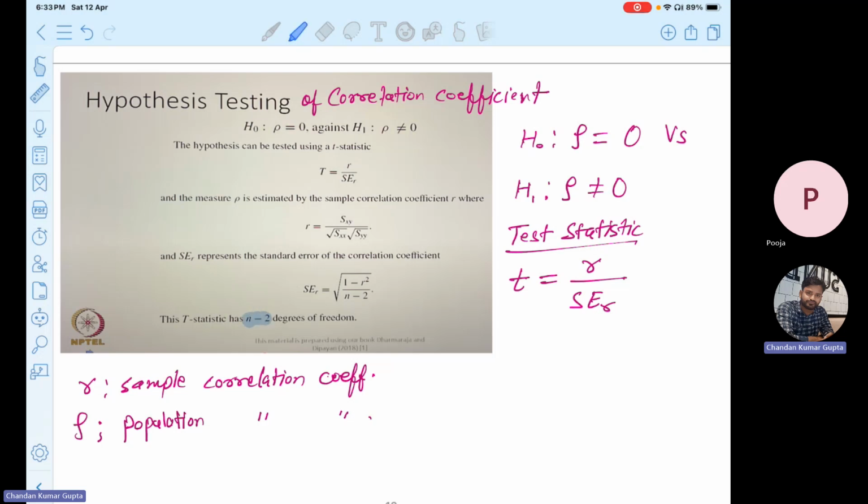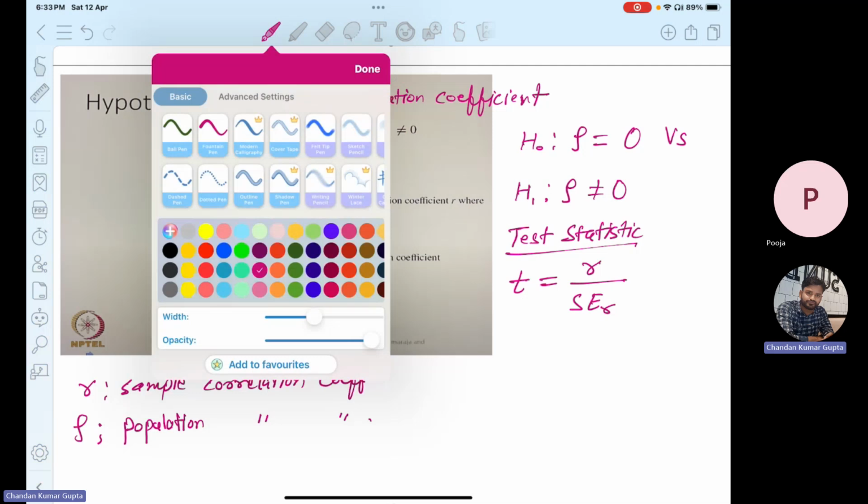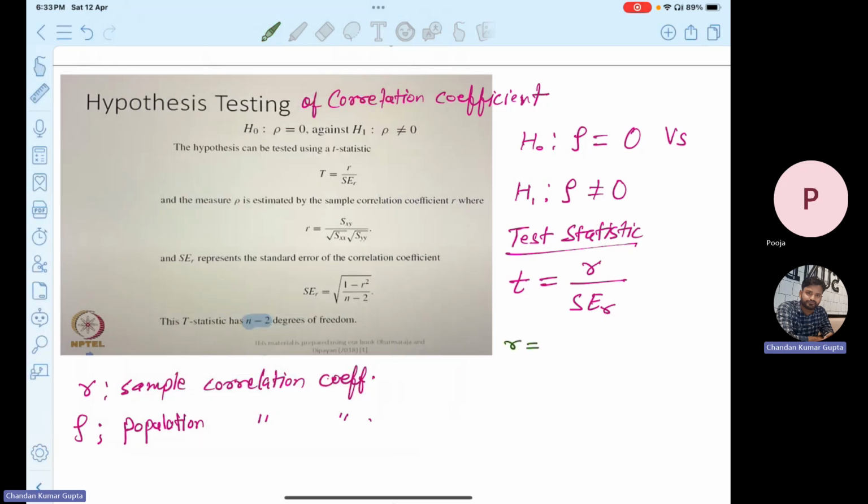The value of R is calculated by the same formula we mentioned in the above slide: R equals Sxy divided by the square root of Sxx times Syy. From the sample, we calculate the sample correlation coefficient.